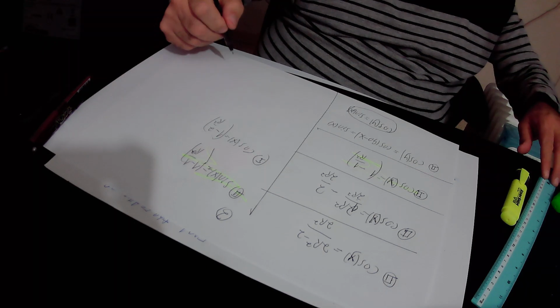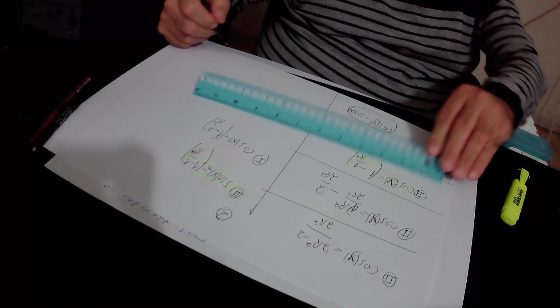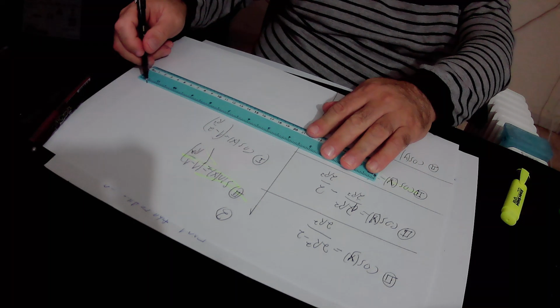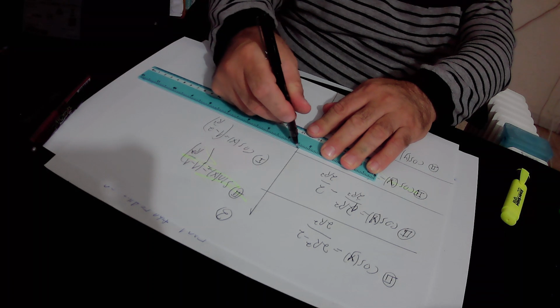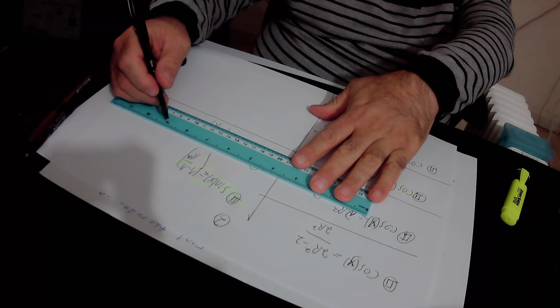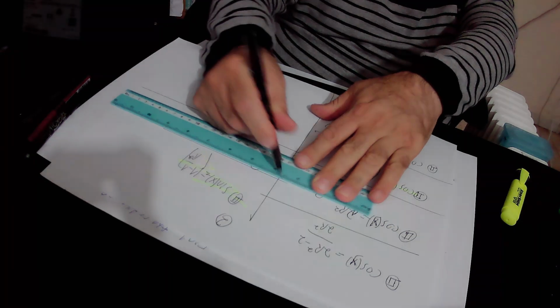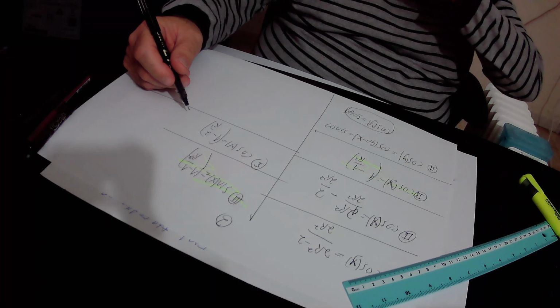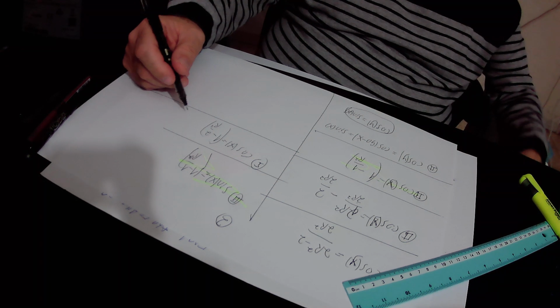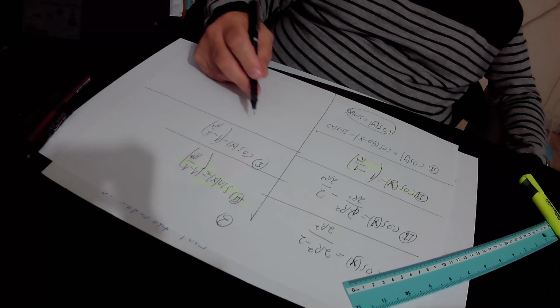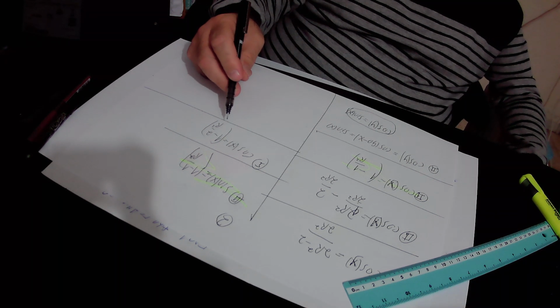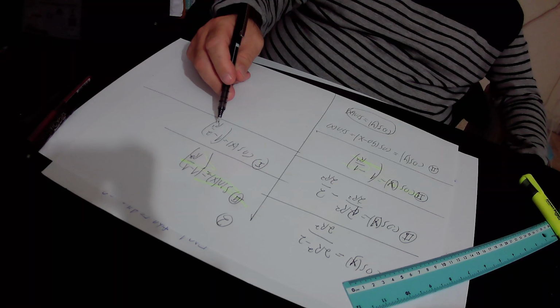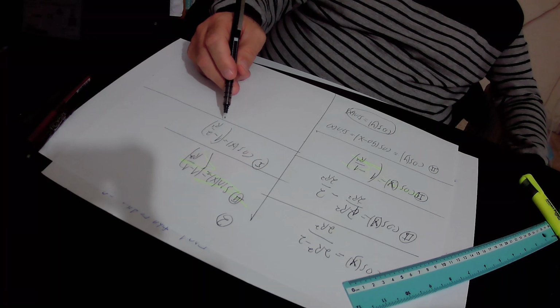So here we have two equations. We have the expression for sine x and the expression for cosine x. In the next step, here we have cosine x equals 1 minus 2 times r squared.